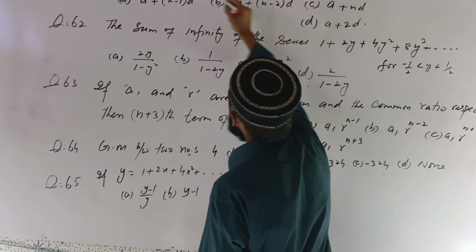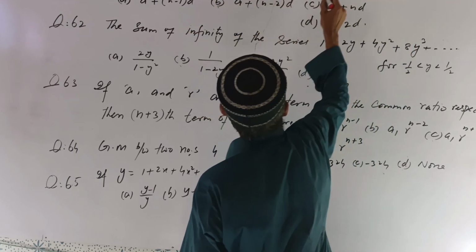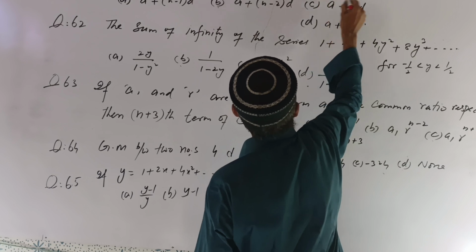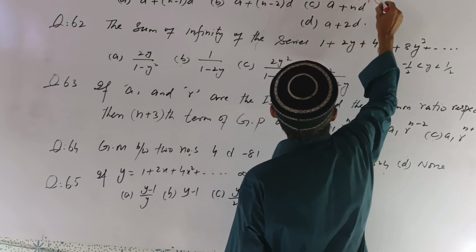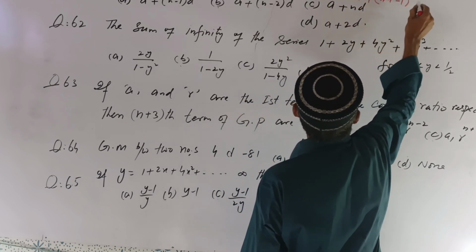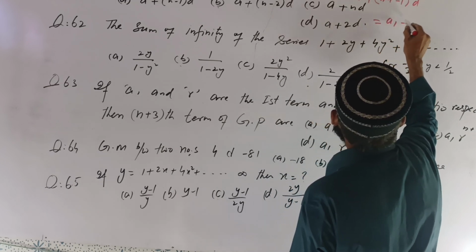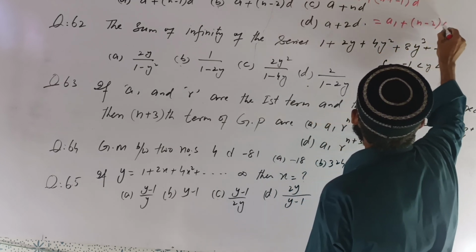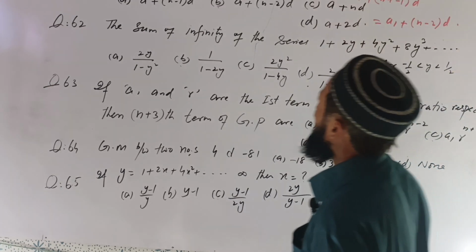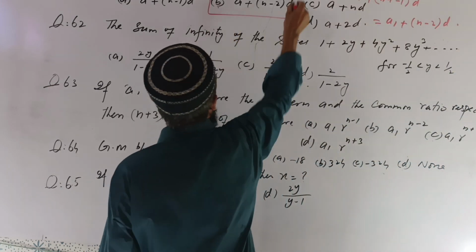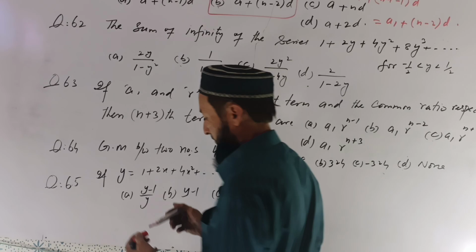In the place of n we put n minus 1, so (n minus 1 minus 1)d. So here we will get a1 plus (n minus 2)d. This answer, B, is the correct option.